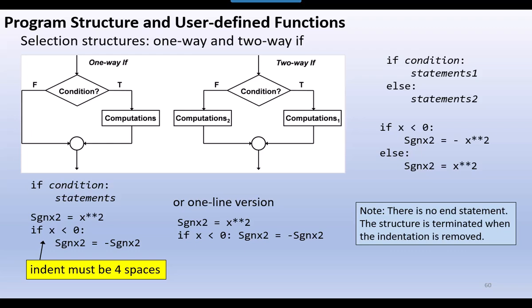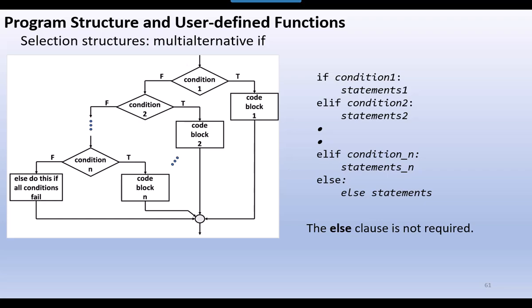Okay, so let's go on from that and look at what we call the multi-alternative if statement. And it's shown here in a more complicated fashion. But essentially, the flowchart shows us testing a condition, and if it's true, we do a block of code and exit.